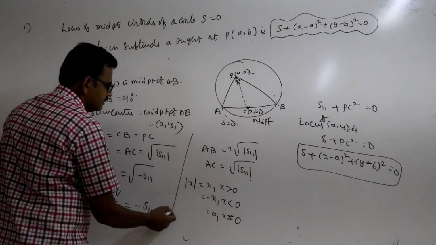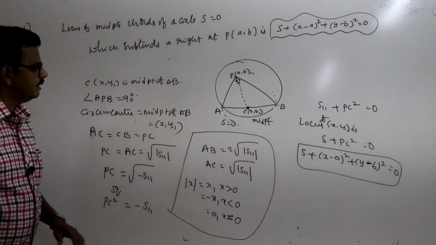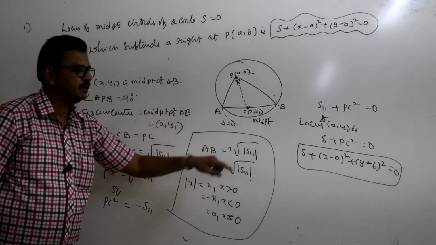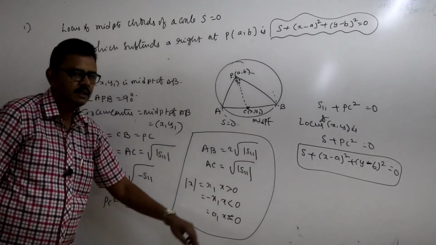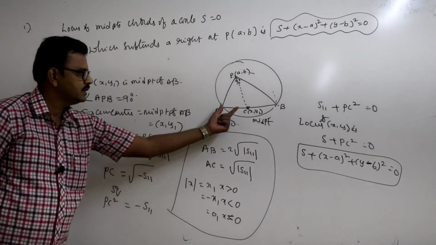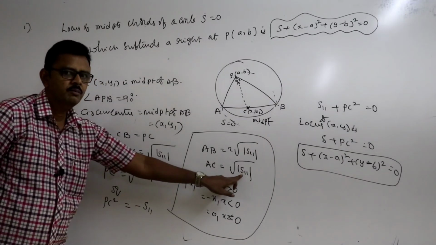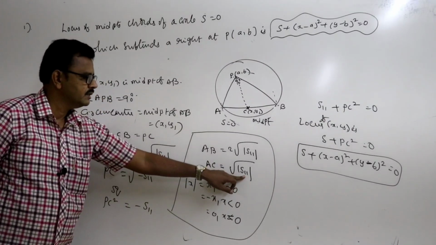Therefore, we know that the length of the chord of the circle S equal to 0 having x1, y1 as its midpoint is 2 root mod of S11. Therefore AC is equal to what? Half of AB, that is root of mod S11. What is S11?